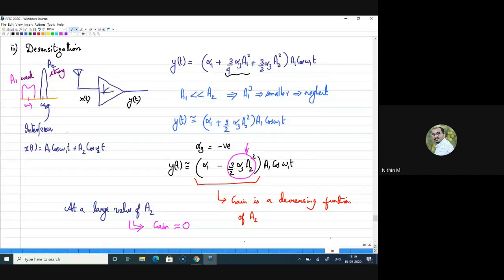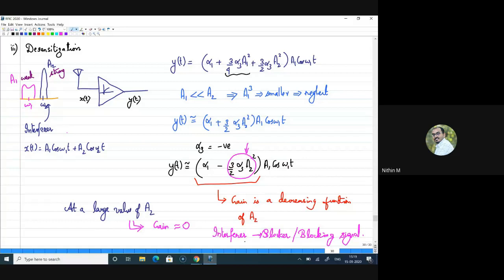In such a case, we call this interferer a blocker or a blocking signal.